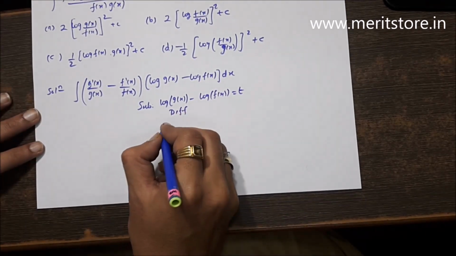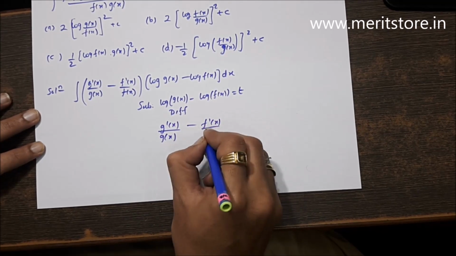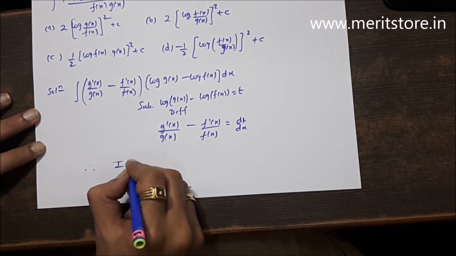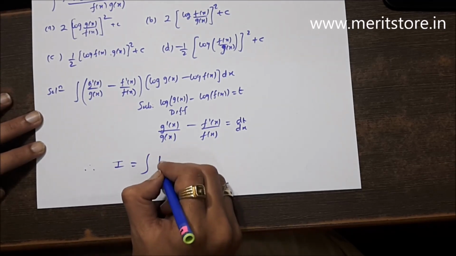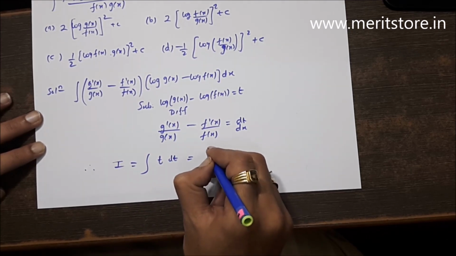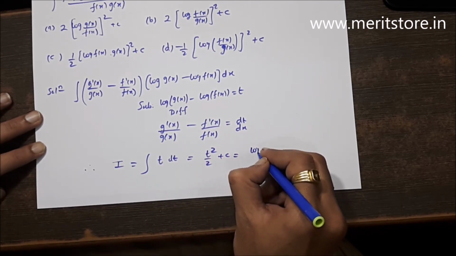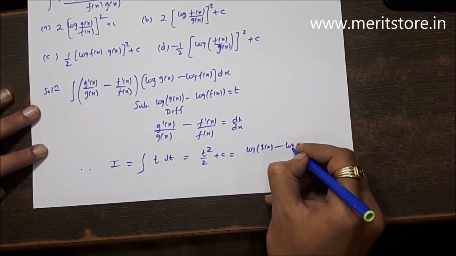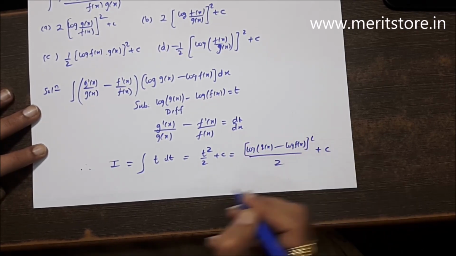When I differentiate, I get g dash of x upon g of x minus f dash of x upon f of x is equal to dt by dx, and therefore our integral will simply convert to integral of t dt, which is nothing but t squared upon 2 plus c, which is nothing but log of g of x minus log of f of x the whole square on 2 plus c.